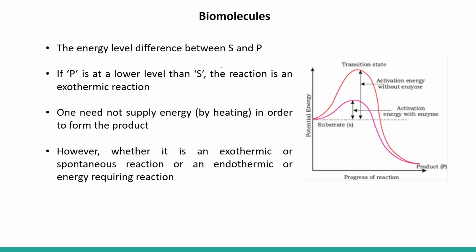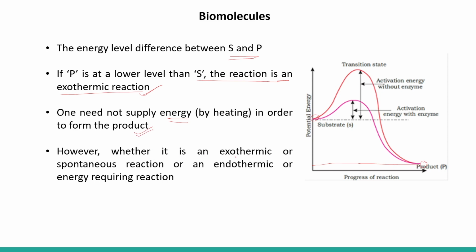The energy level differs between S and P. Here is the substrate, and here the product, and you can see the energy is different. P is at the lower level than S, so the reaction is exothermic, meaning energy is released when the product is formed. However, one needs to supply energy by heating in order to form the product.